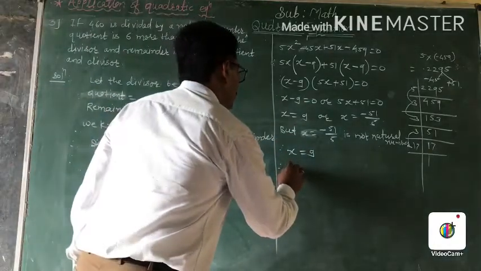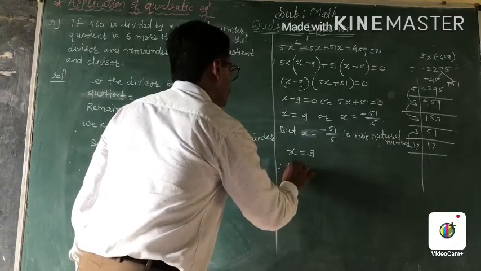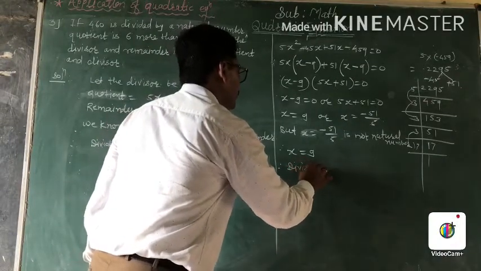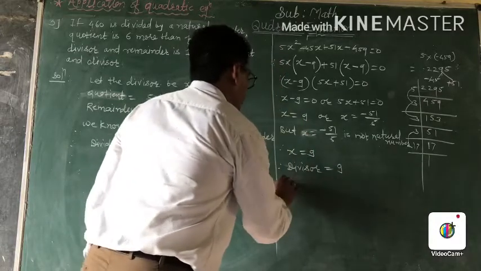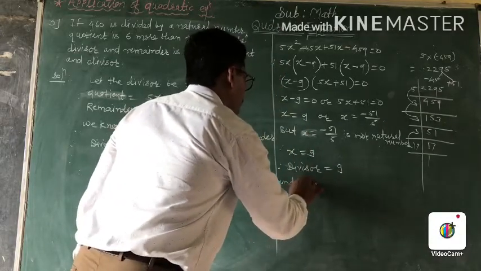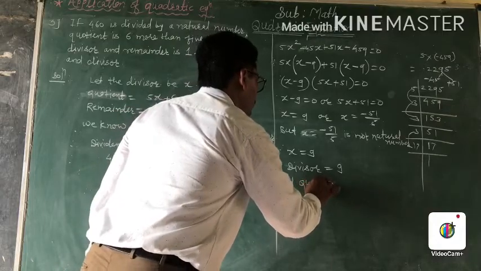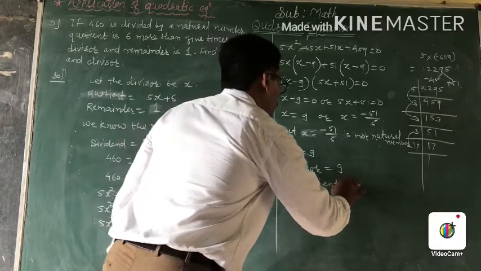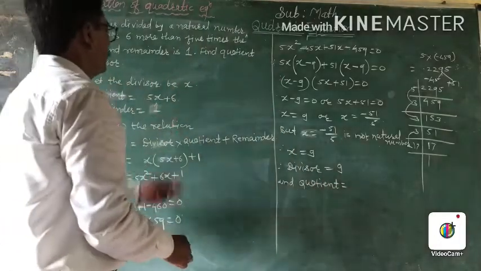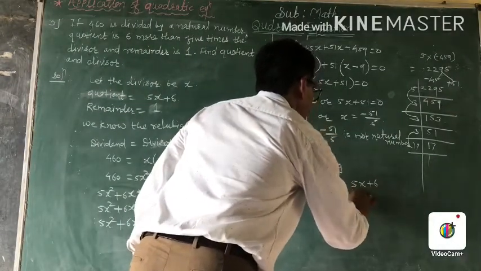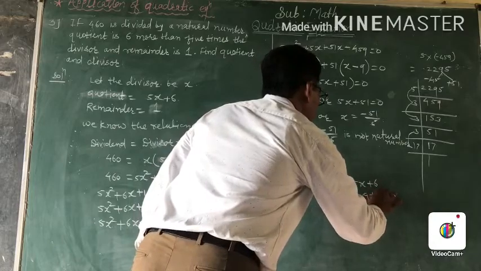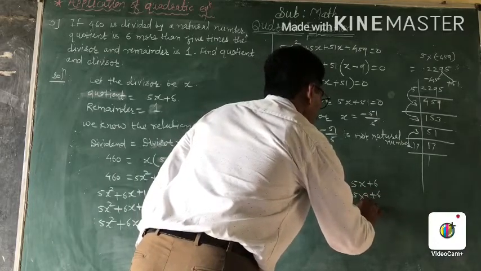Therefore, the divisor is equal to 9 and the quotient is equal to 5x plus 6. 5x plus 6 means 5 into 9 plus 6, which is 51.